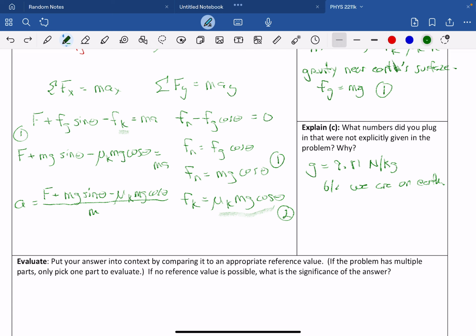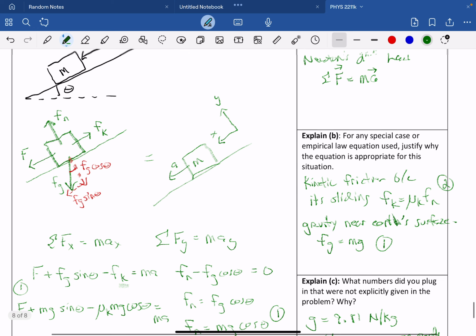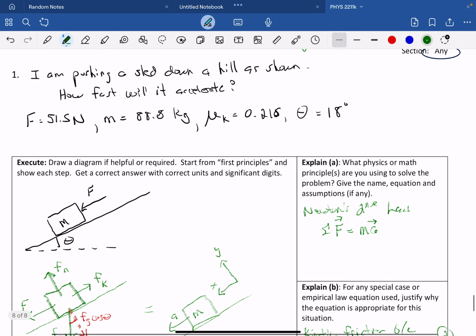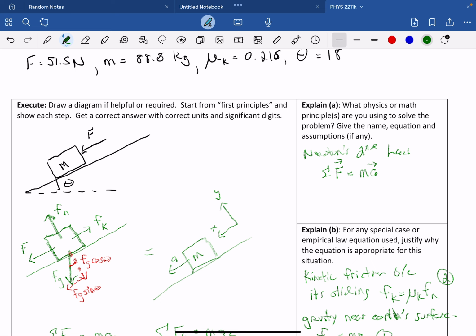All right. Now I'm ready to plug in my acceleration, and I get my applied force F, which was 51.5 newtons, plus mg sine theta, 88.5 times 9.81 times sine of 18 degrees, minus mu times mg cosine theta, so that's 0.215 times 88.8 times 9.81 times cosine of 18 degrees.